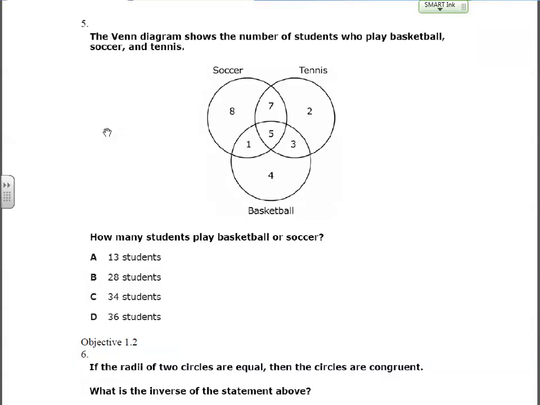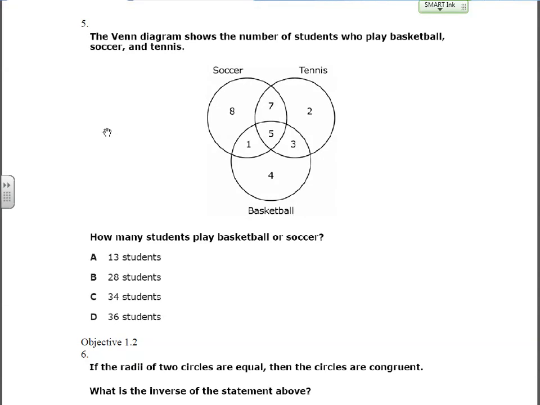Linnea? They're kind of like comparing all of the things, and so if it's more towards one side, then it's like, for example, like the tennis, it has 2, but then there's also 7 people that are doing soccer 2, and 3 people that are doing basketball, and 5 people that are doing all 3. Right, yeah. So it's a way to kind of compare things both as individual and as overlapping.